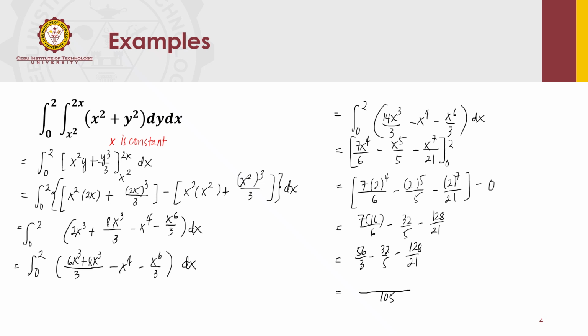And then 5 times 6. So it's 1960 for 35 times 56. And then 105 divided by 5, that's 21 times 32, 672. And then minus 128.